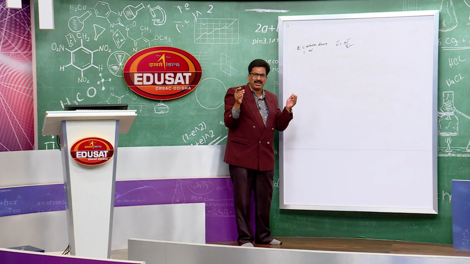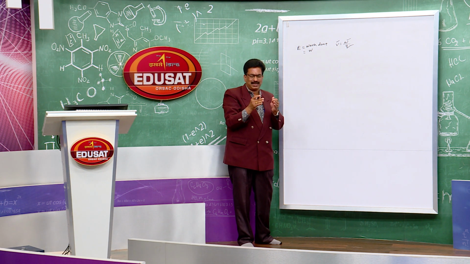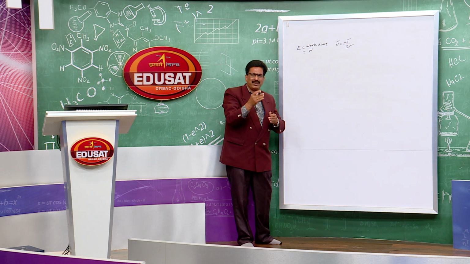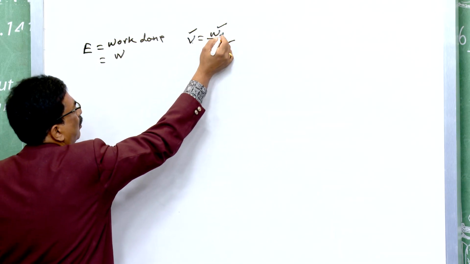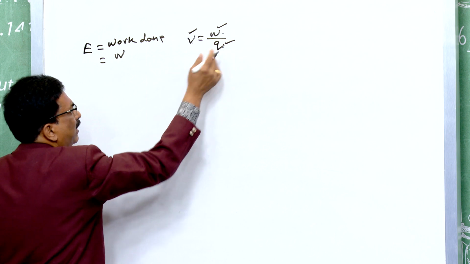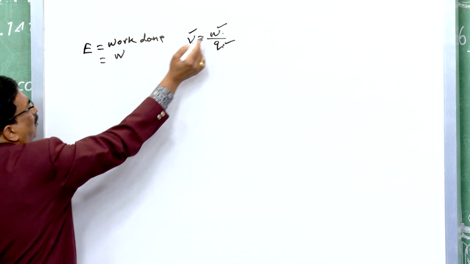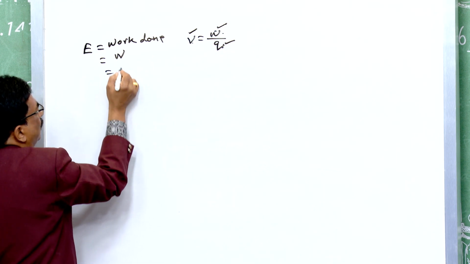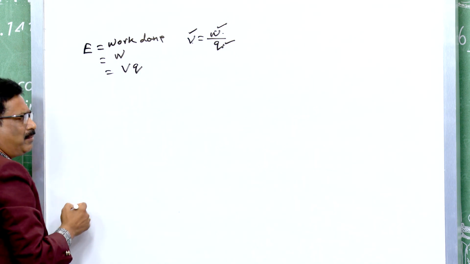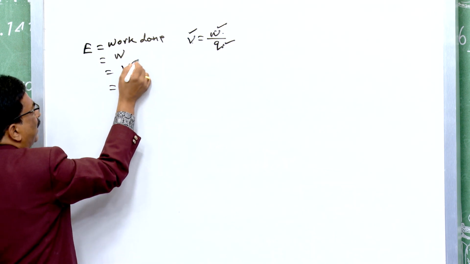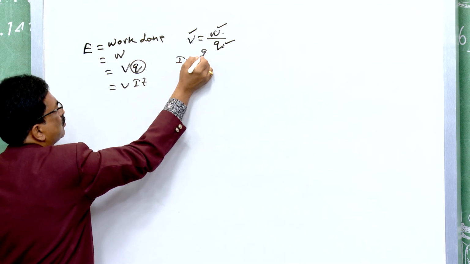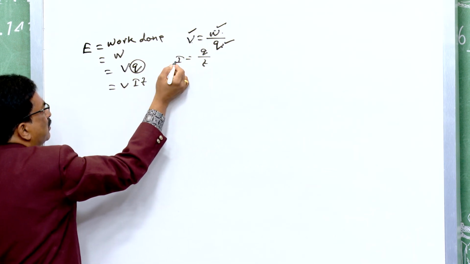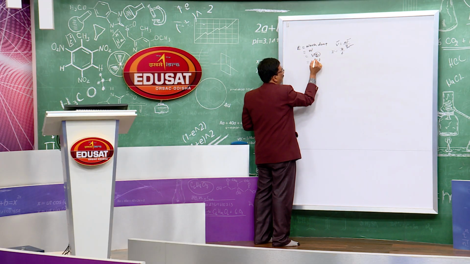When we say electrical system, it means some potential difference we are applying. If the potential difference is V, W is the amount of work done, and Q is the charge, therefore W is equal to VQ. And Q is equal to IT, because I is equal to Q by T. So E or W is equal to VQ or VIT.